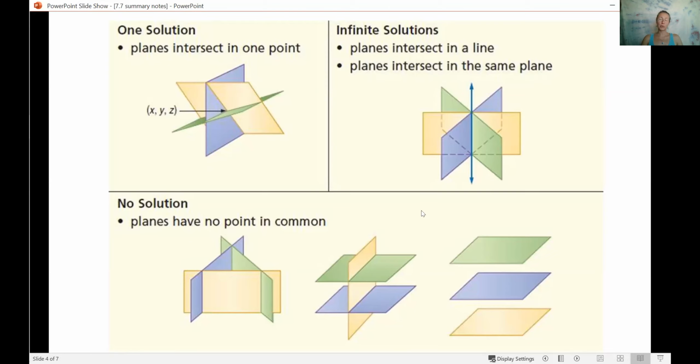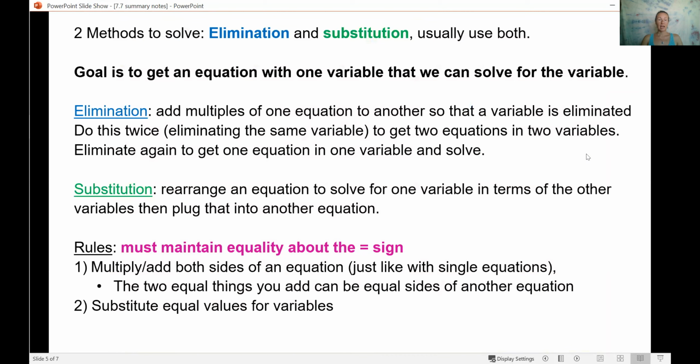I'm going to show you some examples of a system of equations where you have infinite solutions, which is what we call dependent, or when you have no solution, which is what we call inconsistent. I'm going to show you what that looks like algebraically, so you'll be able to identify it.